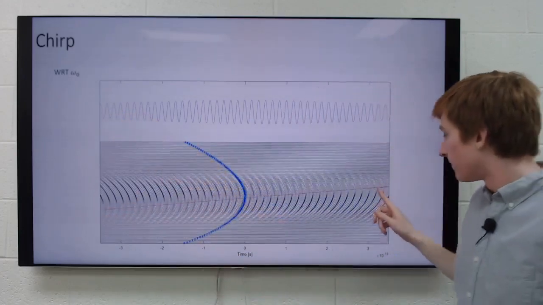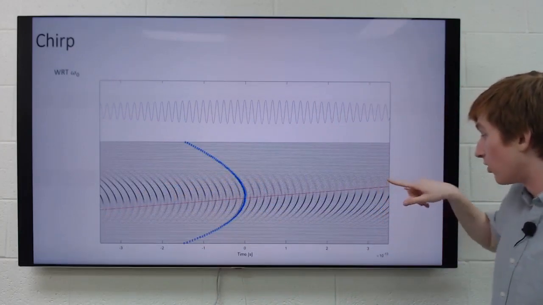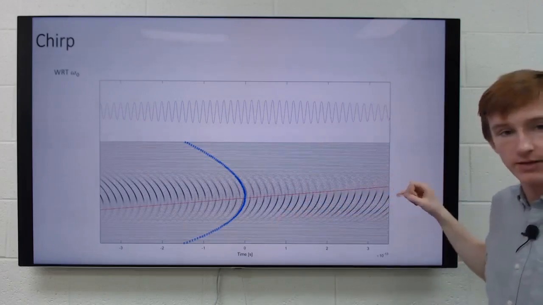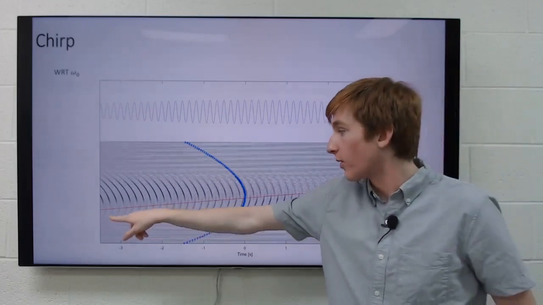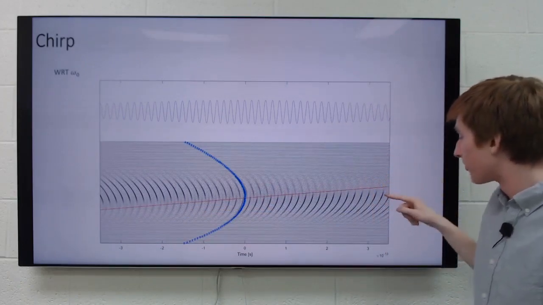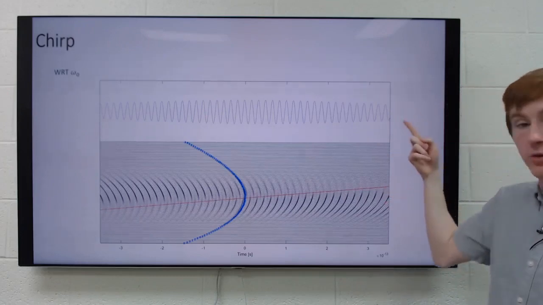But over here, notice how if you were to add up all of the waves at this point in time, the longer wavelengths would contribute more because it's higher up, right? Because it goes from short wavelength to long wavelength. So at this point in time, the longer wavelengths are going to contribute more to the pulse, and you'd expect the pulse to have a longer wavelength here.